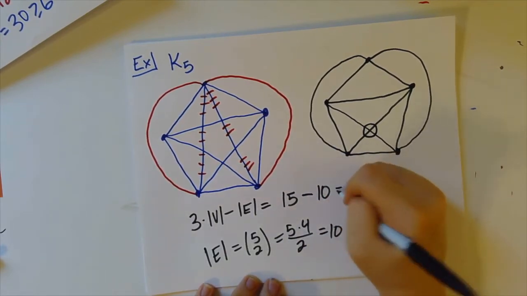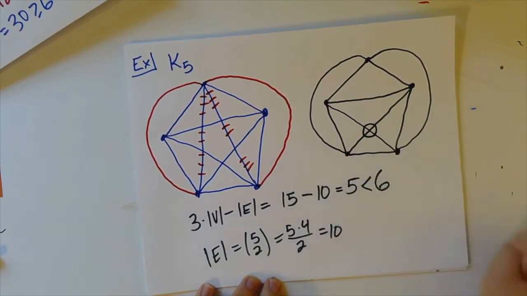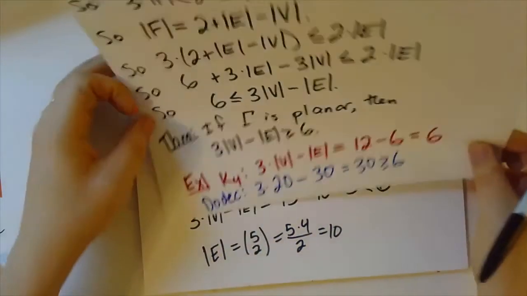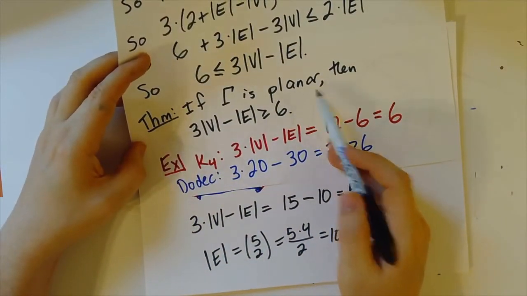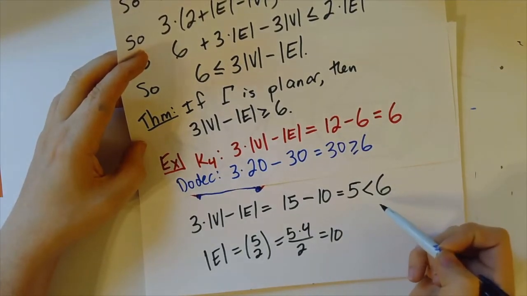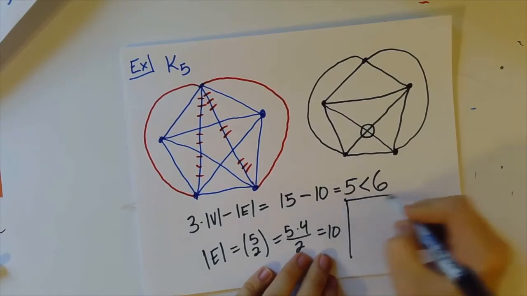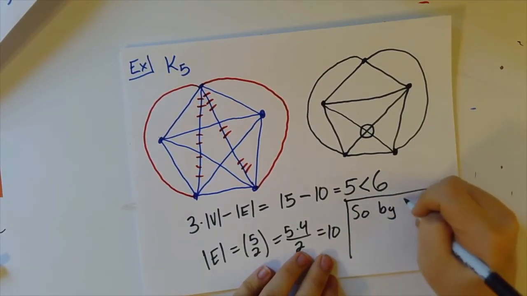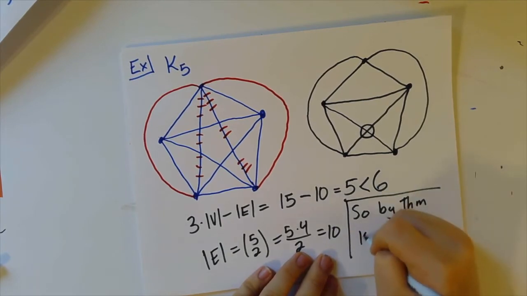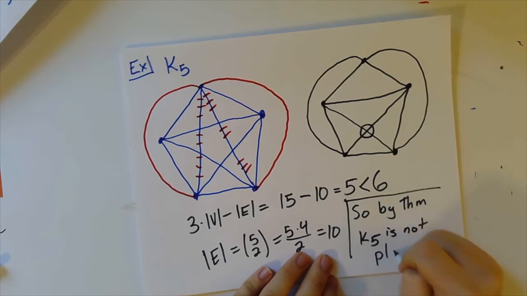Okay, so that is 5. That number is in fact less than 6. So the contrapositive of my theorem up here actually tells me that K5 is not planar. So by theorem, or by the contrapositive of the theorem if you prefer, K5 is not planar.